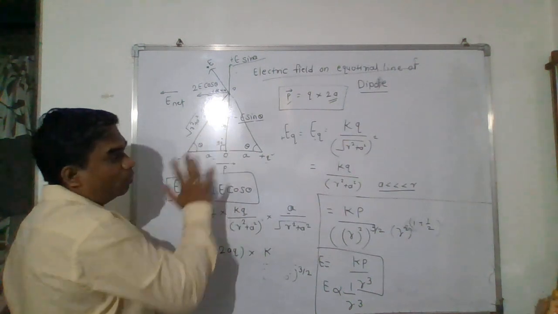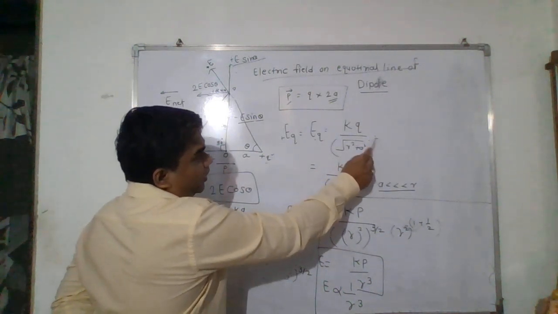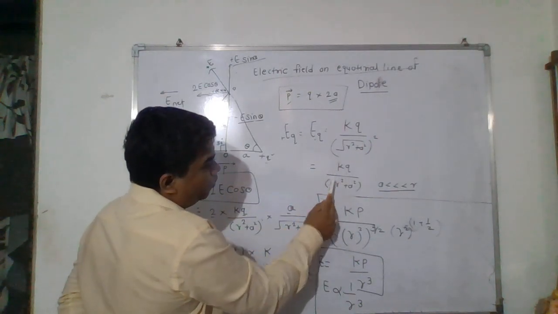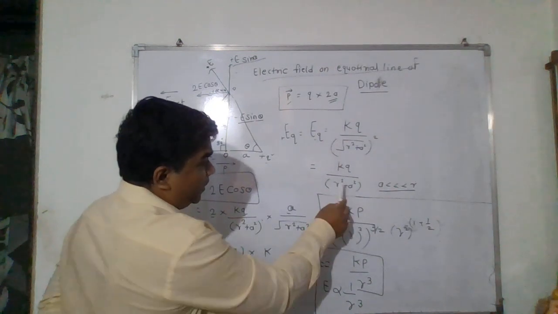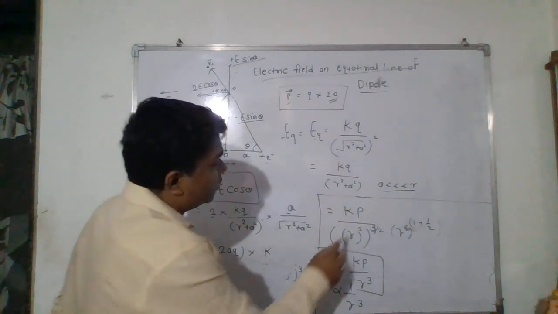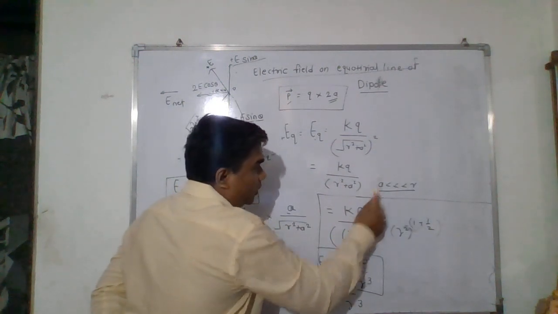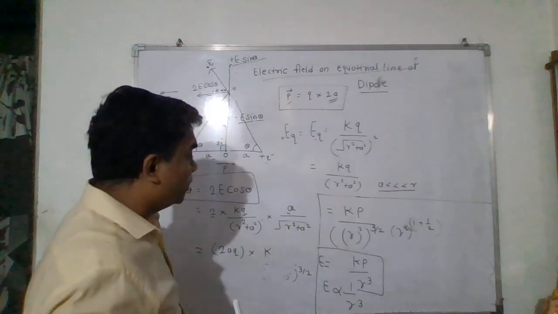So the square root and square get cancelled. We can write kq upon r square plus a square, where a is much smaller than r. Here a is much smaller than r, because we have to use this concept in this derivation.